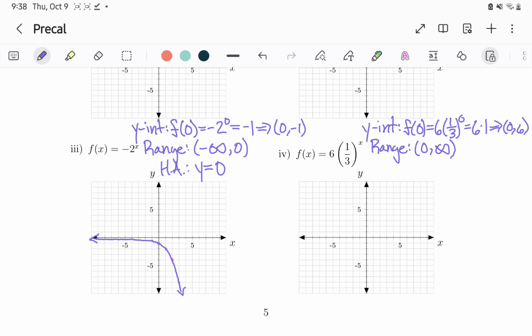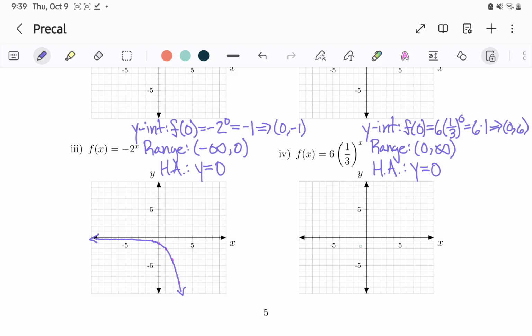And the only way that changes is if there is some sort of reflection about the x-axis, so the leading coefficient is negative like we saw in example 3, or there is some sort of vertical shift slash translation, which we'll see in a few examples coming up. So the range is 0 to infinity, and again the horizontal asymptote is going to be y equals 0.